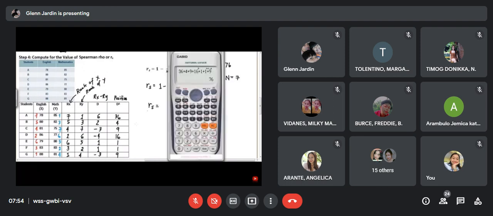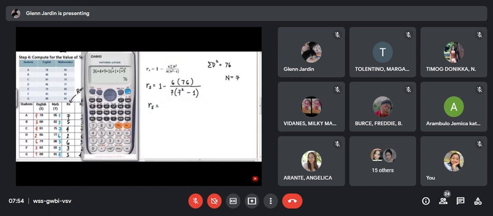Okay? So, alamin na natin ano ang ating rS. Okay? So, that would be 1. 1 muna, minus. So, ito nakita natin, fraction siya. So, lagyan nyo siya ng fraction. And then, 6 times 76. Okay, sa baba. So, cursor nyo to. Ito. Yan. 7 times 7. And then we will input squared minus 1.